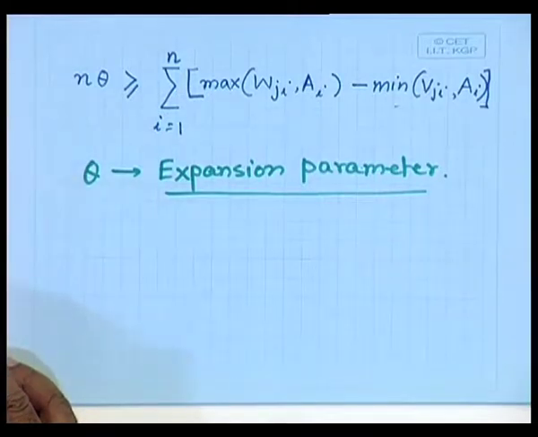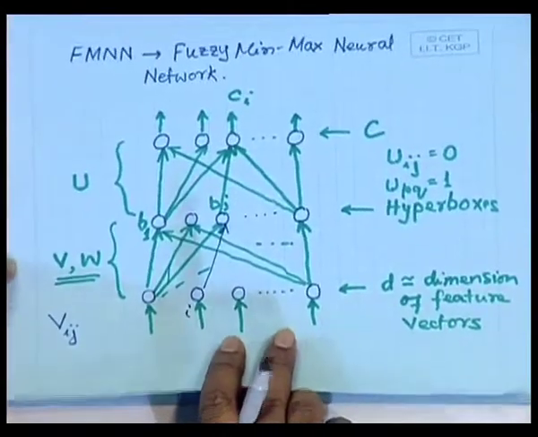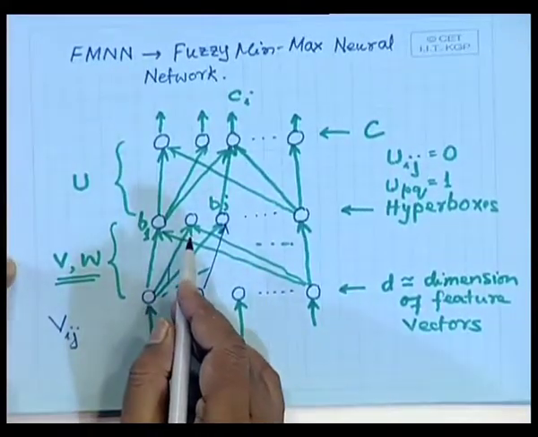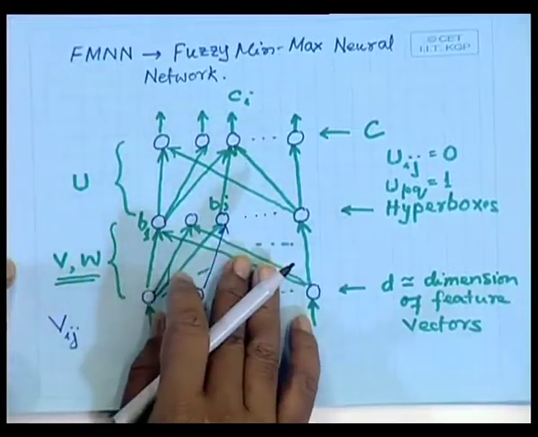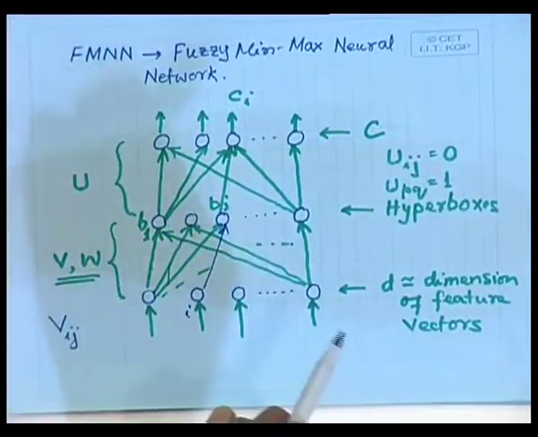While trying to incorporate a feature vector in a class for which some hyperboxes have already been created, I first have to see whether the hyperbox can be expanded to include this feature. If the expansion is permitted, then I will simply expand the hyperbox.